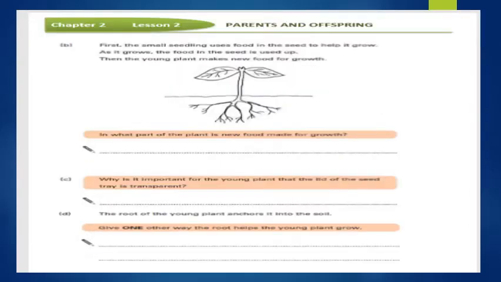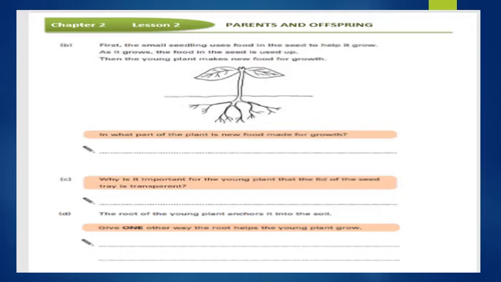Very good. Next is page 43, the rest of your homework. Question B. First, the small seedling uses food in the seed to help it grow. As it grows, the food in the seed is used up. Then the young plant makes new food for growth.